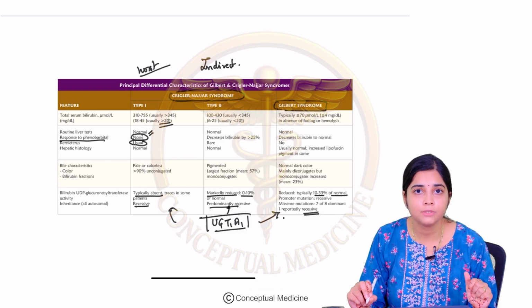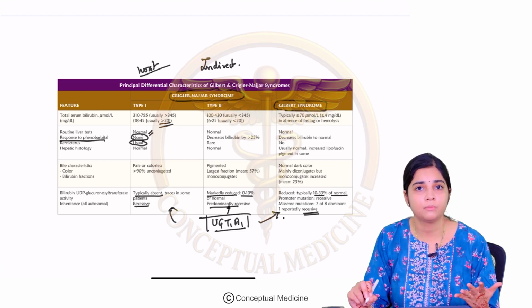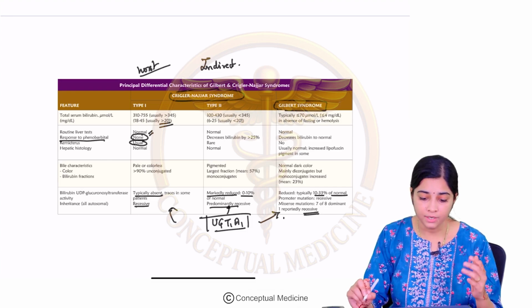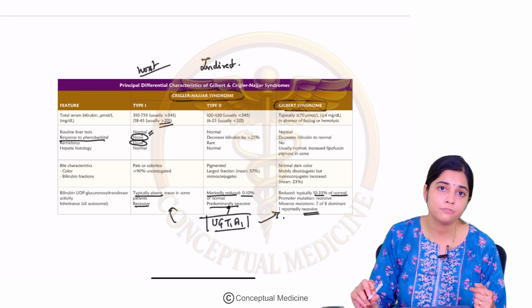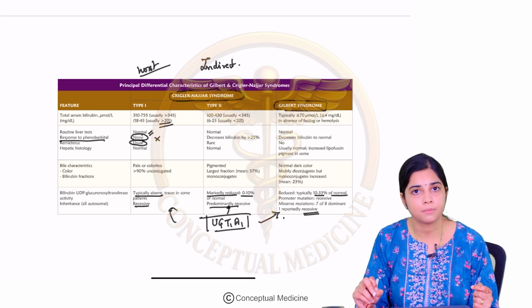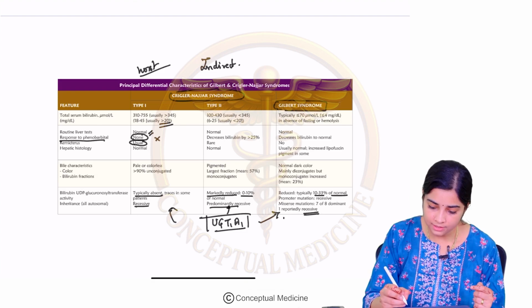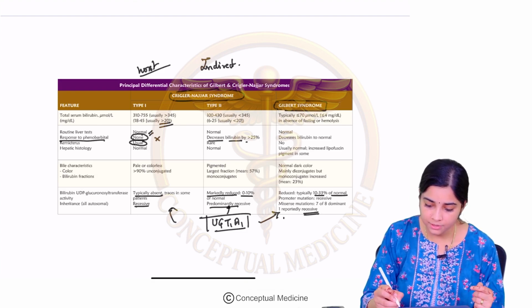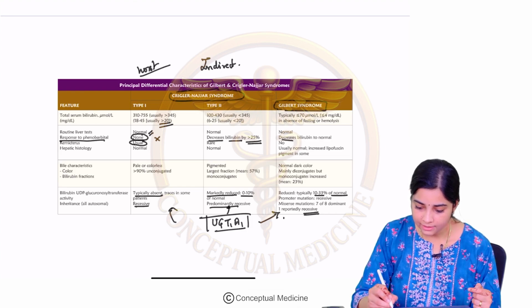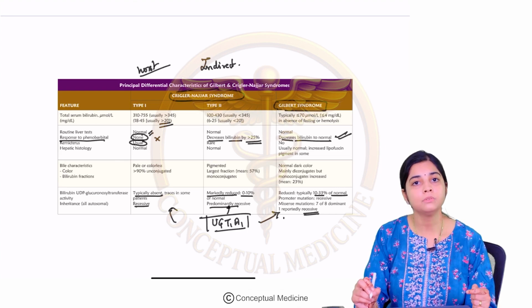Response to phenobarbital means that when you give it, some conjugation happens and bilirubin levels start coming down. But because this is the most severe form, the enzyme itself is absent, so there is no response. In Crigler-Najjar type 2, it decreases the bilirubin by more than 25%, and in Gilbert syndrome, the bilirubin can in fact come to normal.